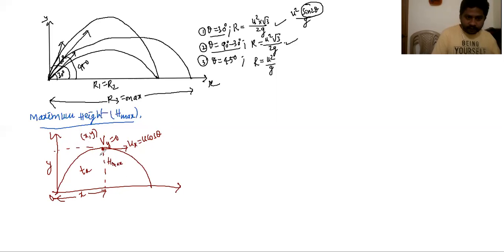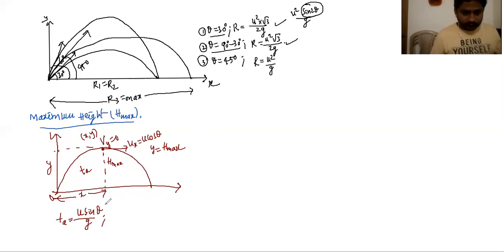See here, vertical axis along the y axis, this is the maximum height. Okay, so y is equal to h maximum. Now, you know the time of ascent expression, which is equal to u sine theta divided by g.